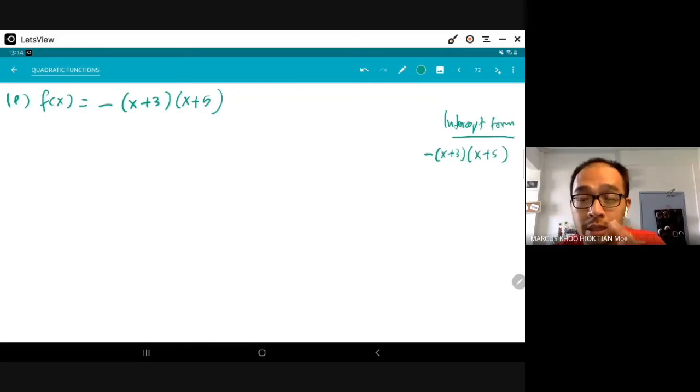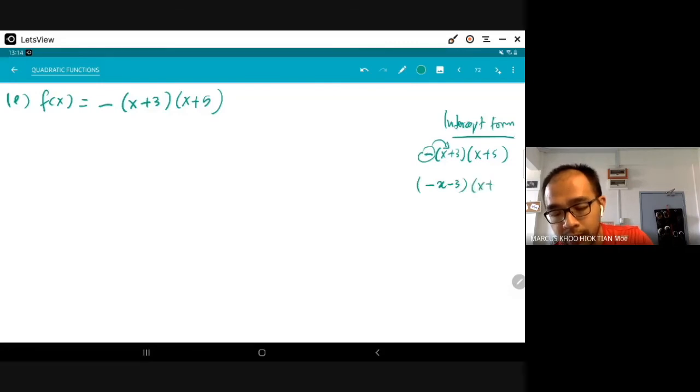Now, intercept form tells us the two points. But very important: if there is a negative in front, you multiply the negative into one bracket only first. So it will be (negative x minus 3) and then (x plus 5).